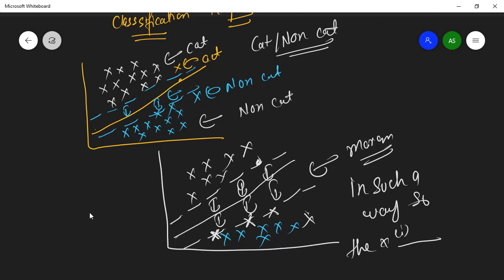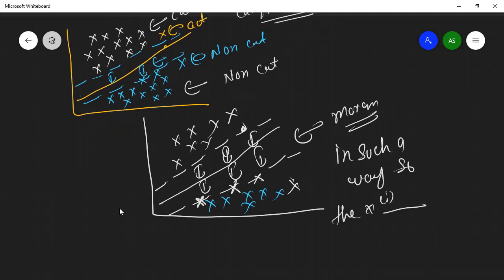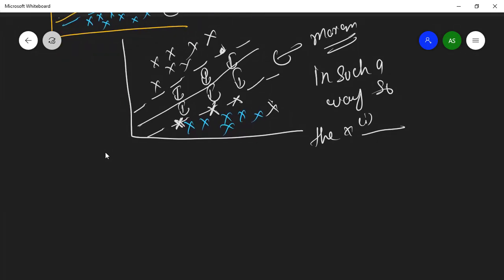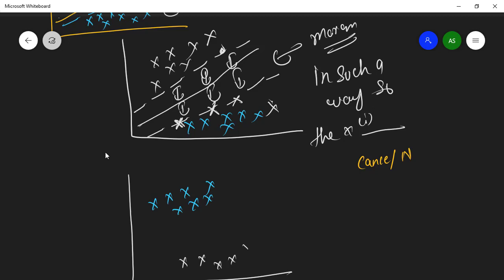Again, it may sound a little bit confusing, so let's revisit this in a more detailed way. Let's take another example, where we are building a model to decide whether a person has cancer or non-cancer, I think malignant, let's say non-cancer. So you build an x and y plane, and then you put these blue examples which indicate cancer, and these white examples which indicate non-cancer.